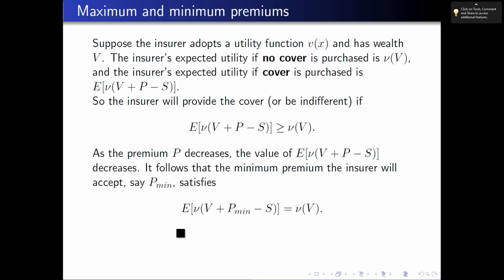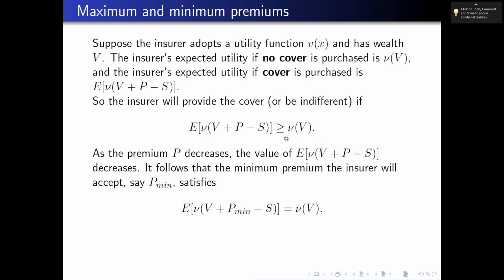Okay, so this is the same case, but from the point of view of the insurer. Before that it was from the point of view of the individual. Now it is from the point of view of the insurer. The insurer also has its own utility function, and he will be providing cover only if the expected utility of providing cover is greater than the expected utility of not providing the cover.